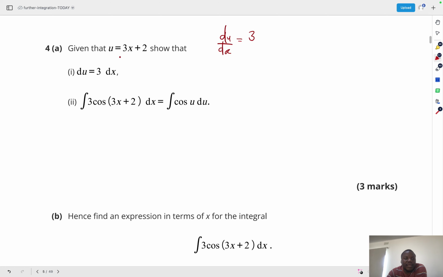And then we want to make du the subject. We can multiply by dx and multiply this side by dx, so that these can cancel out to give us du being equal to 3 dx.